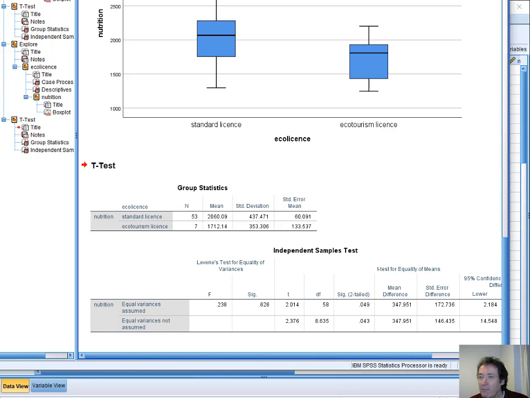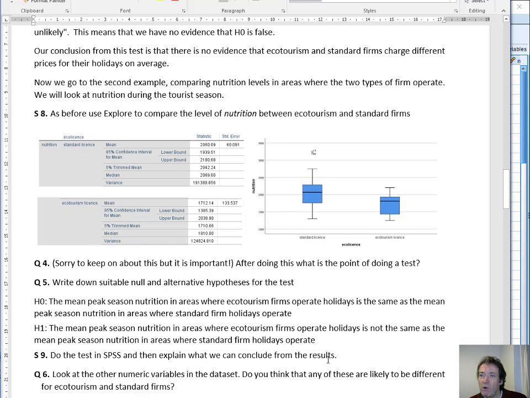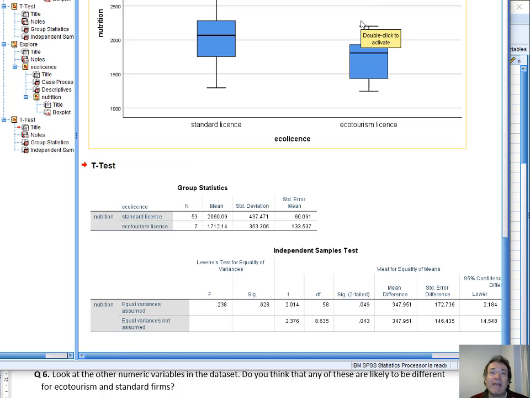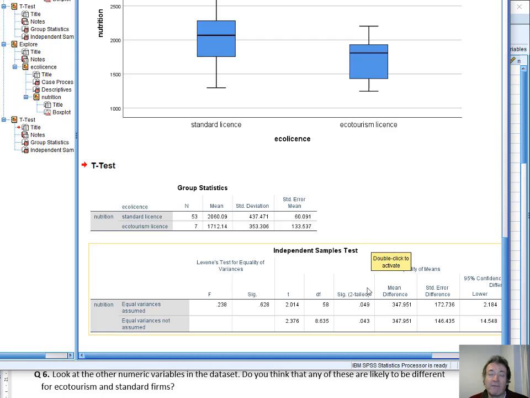And the next question must be: what can we conclude from the results? Well, if the null hypothesis is true, the chance of seeing a difference this big is 0.049, which is less than 0.05. It's less than 5%, so it's quite surprising. That makes me want to say that the null hypothesis is not so convincing, because if it is true, I have to believe something very unlikely happened. So I'm going to reject the null hypothesis, because the sig value is less than 0.05.